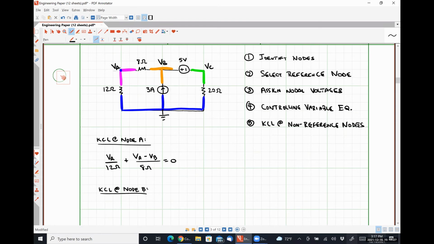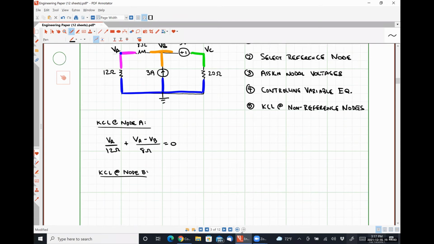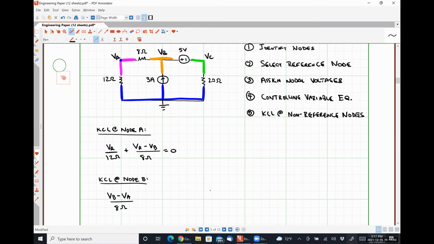Normally, I would make one of you guys suffer and ask you to write my KCL equation for node B, but I'm going to do it this time to explicitly tell you where it falls apart, okay? So we can get the current flowing to the left through the 8 ohm resistor rather easily, right? That's going to be VB minus VA over 8. We can get the current flowing down through the independent current source rather easily. That's just going to be -3 amps.